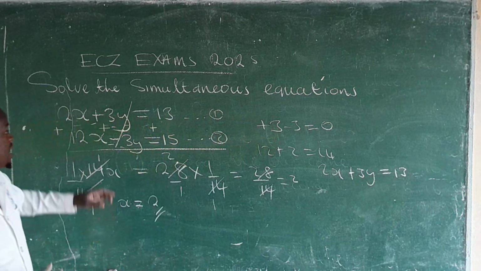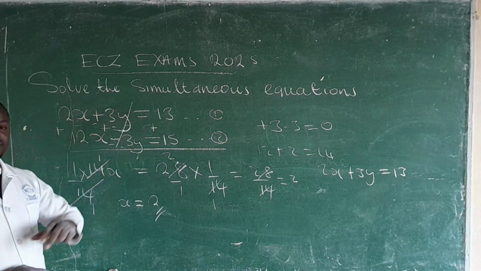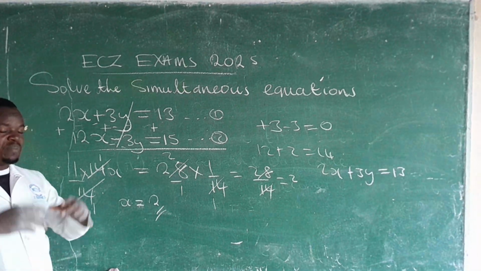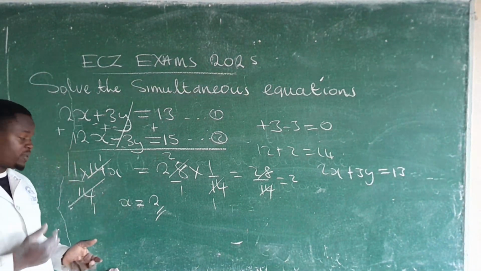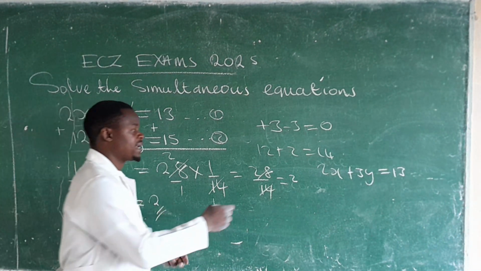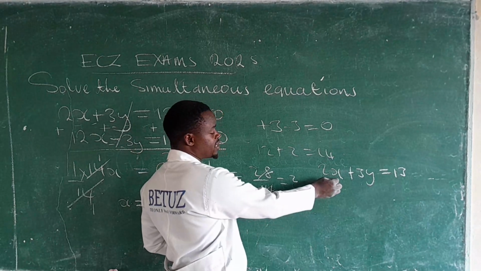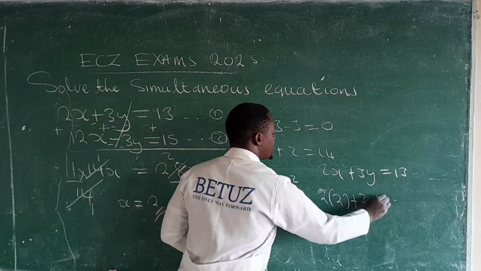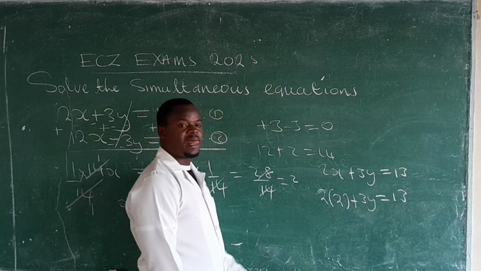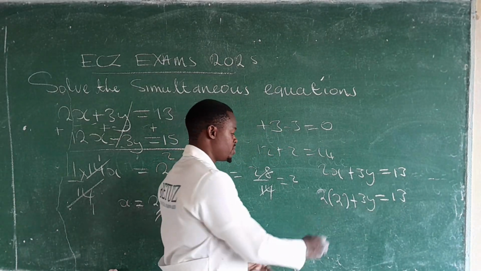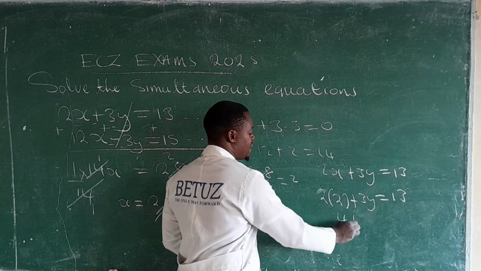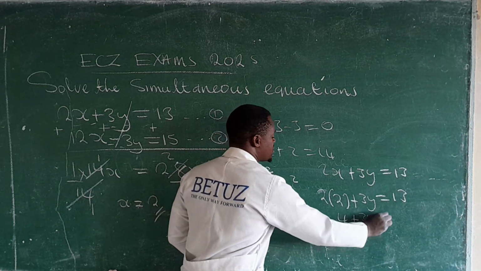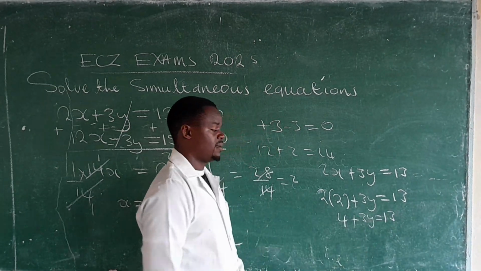I've picked the first equation, and bearing in mind that we have already calculated the value of x, I'm going to plug it here. Substitute x with its value: 2 times 2 plus 3y is equal to 13. If I multiply 2 by 2, it gives me 4 plus 3y, which is equal to 13.